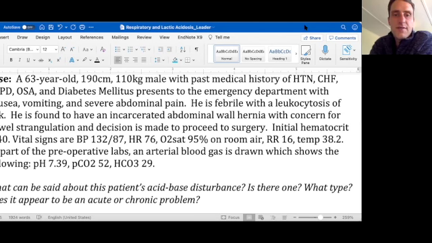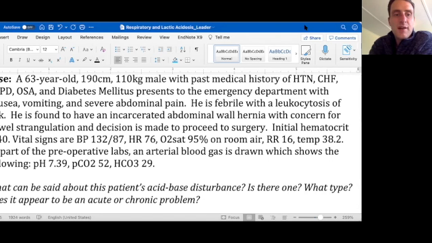He is found to have an incarcerated abdominal wall hernia with concern for bowel strangulation, and the decision is made to proceed to surgery. His initial hematocrit is 40, hemoglobin around 11 to 12. Vital signs are seen there with a saturation of 95% on room air and a respiratory rate of 16.